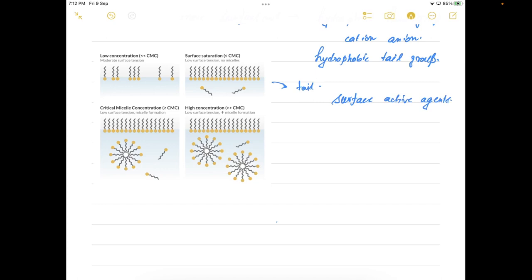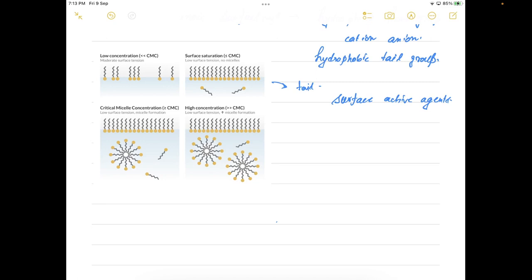When we add a little amount of surfactant to the water, the surfactant molecules first deposit on the surface, with the hydrophilic head group interacting directly with the water molecules, and the hydrophobic tail group trying to avoid the water molecules. So they first deposit on the surface.